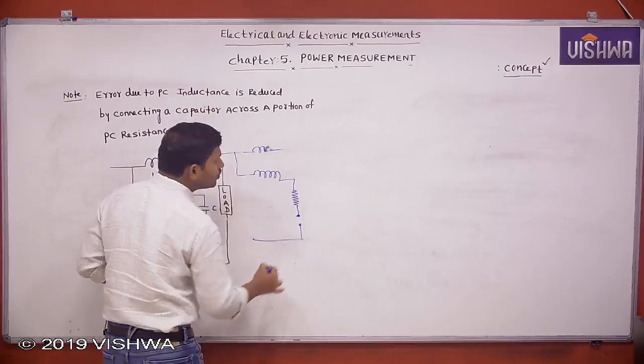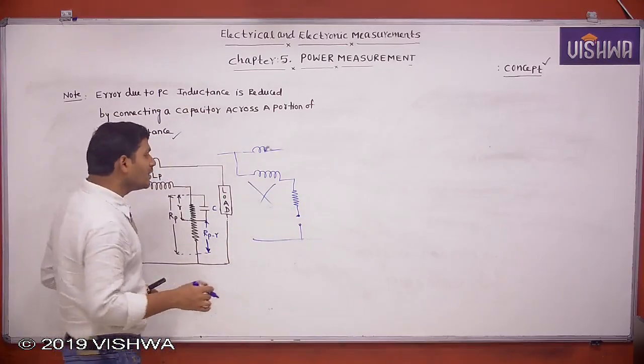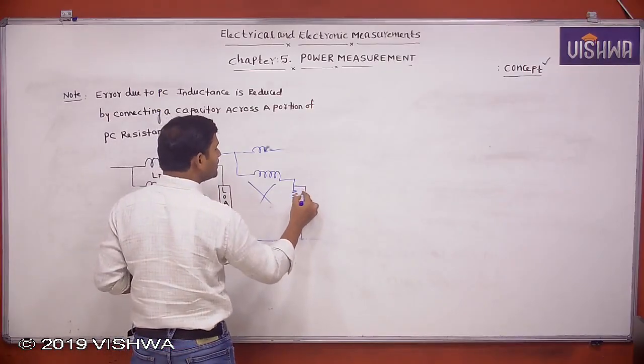Then there is no closed path for flow of current, and the meter cannot work. That's the reason why we connect it across the resistance.